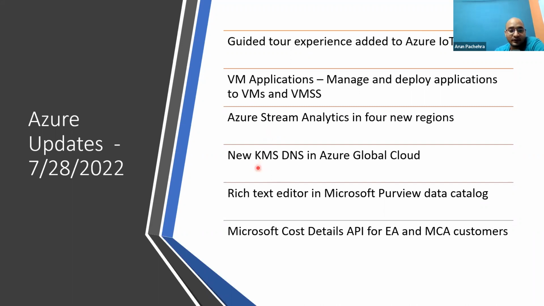Another one is very important though, the KMS DNS. You might need to utilize this in your existing environment as well. So let's understand what it is. MS launched a new KMS DNS, azkms.core.windows.net, to improve the Azure Windows activation experience in Azure Global Cloud.